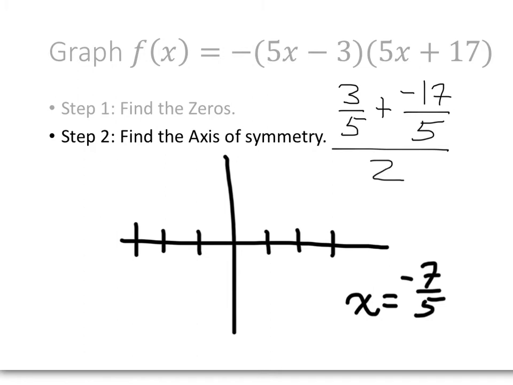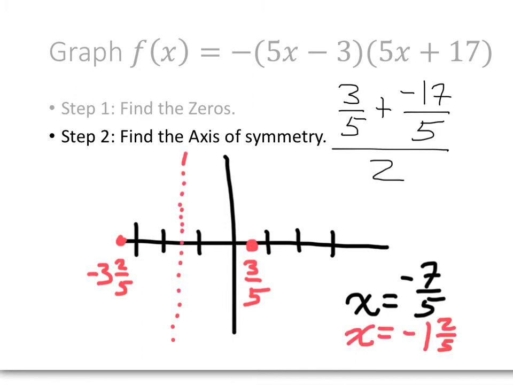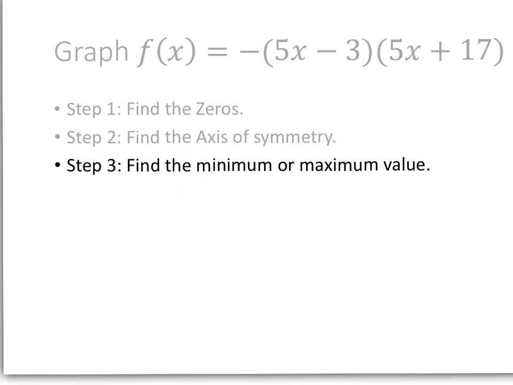I could also visually look at the zeros, in which case it would probably be a lot easier to represent negative 17/5 as negative 3 and 2/5, which means that halfway in between is going to be negative 7/5, or it might be easier to represent it here as negative 1 and 2/5.